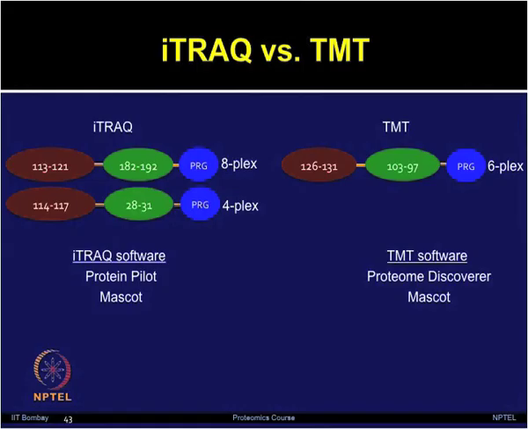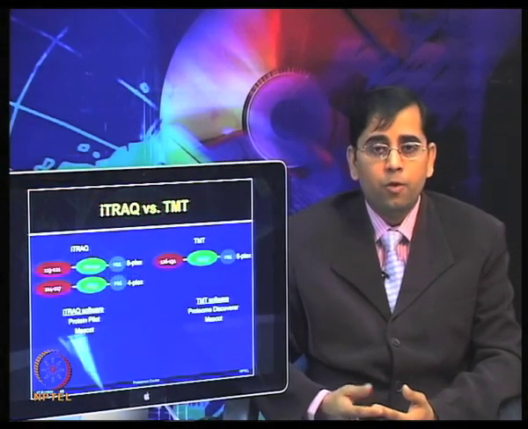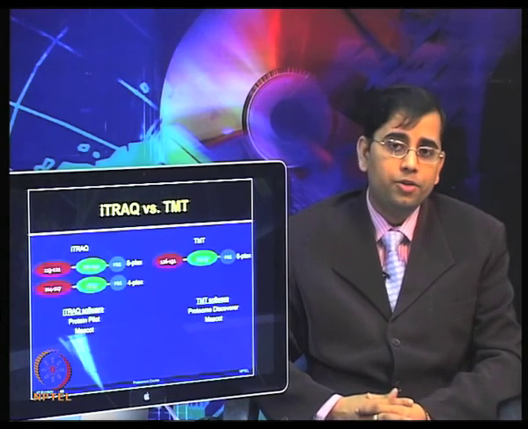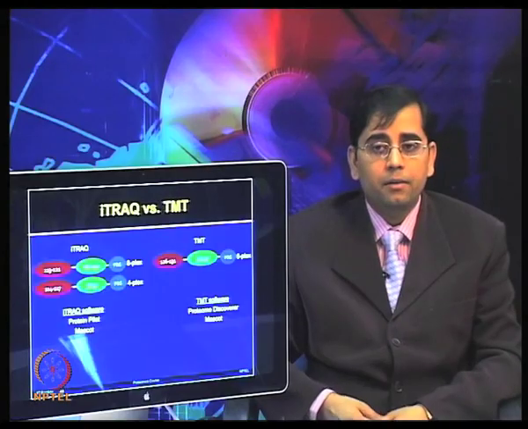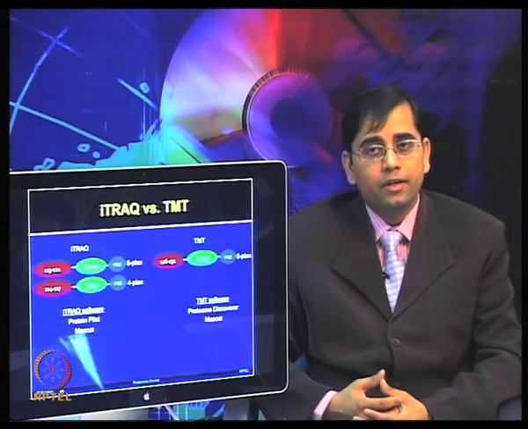In case of TMT, the reporter groups have 126 to 132 Daltons and the balancer consists of 97 to 103. So, tags are quite similar in the overall structure. The iTRAQ analysis can be performed by using software such as ProteinPilot and also Mascot. The TMT based analysis can be performed with software such as Proteome Discoverer and Mascot.